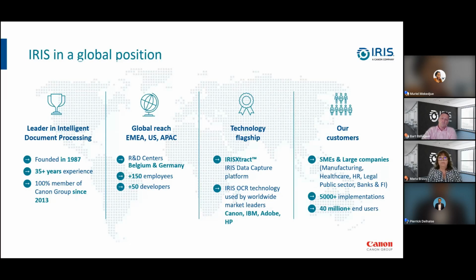That means that we master the evolution of the solution, also the implementation and the support. Iris has 150 employees. We are an agile, flexible company. We have 50 developers, all dedicated to innovations and new solutions.